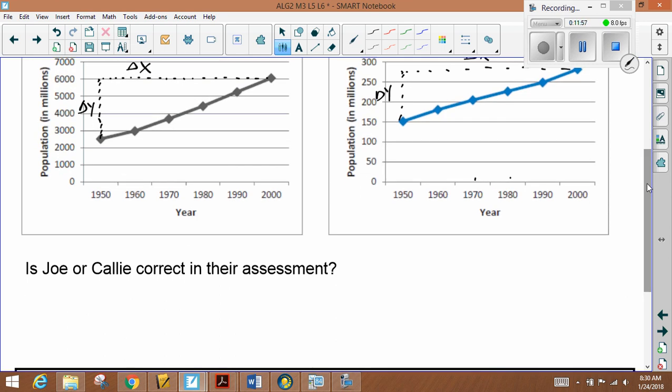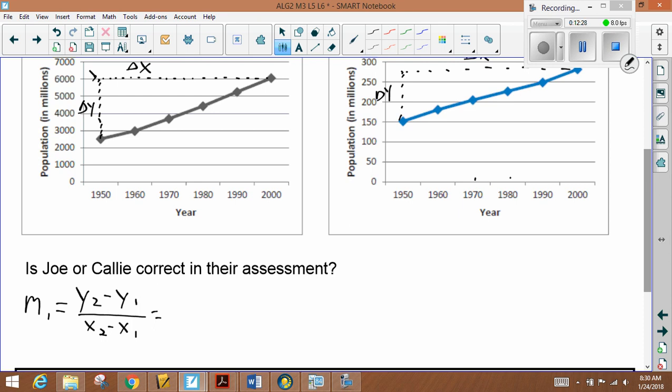So the idea is that I could represent these as a slope. Let's call this first one slope number 1. Remember, our slope is y2 minus y1 over x2 minus x1, right? Remember that slope formula, all the way back in Algebra 1? So in this case, y2 is probably right there.